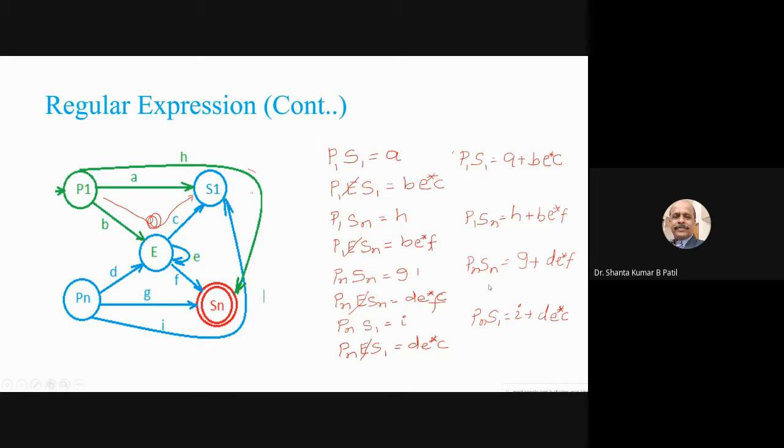So after eliminating state E, these are the transitions available.